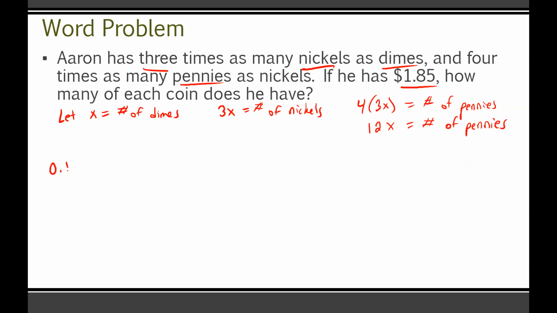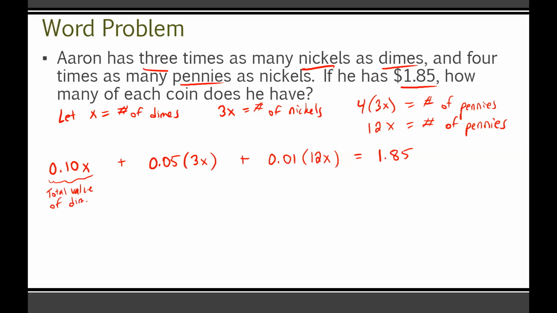So we'll say 10 cents times the number of dimes, which is x, plus the nickels, which is 5 cents, of course, so 0.05, times the number of nickels, which is 3x, plus pennies, which is, of course, 1 cent, 0.01, times the number of pennies we have, which is 12x. And this in total is going to equal $1.85.